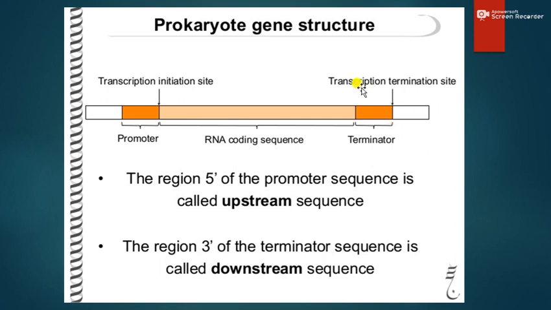So in any DNA of a prokaryote, at the region where the gene is starting, just before that, there will be a promoter sequence ahead of the transcription initiation site. And after the gene is over, after the RNA coding sequence is over, there will be a transcription termination site also.